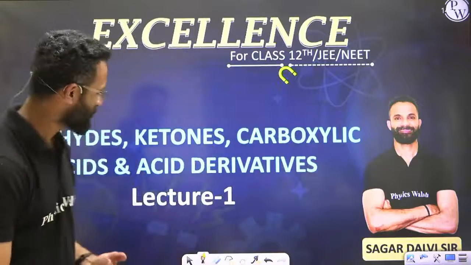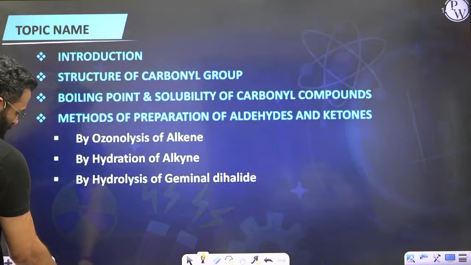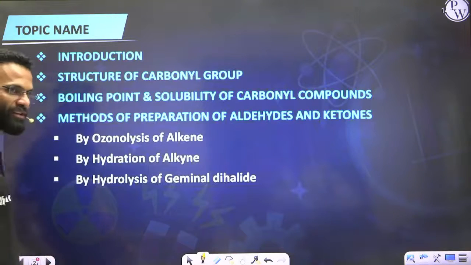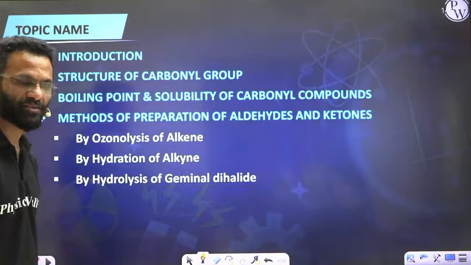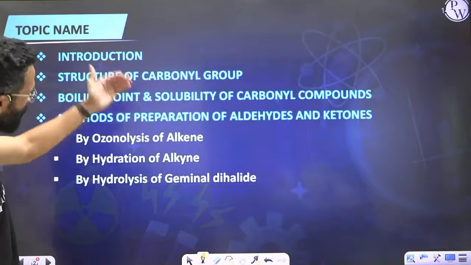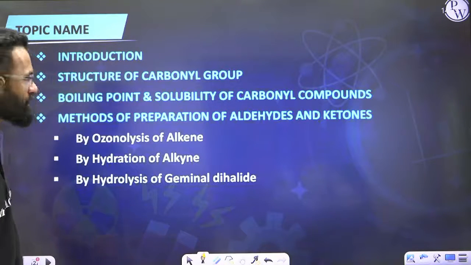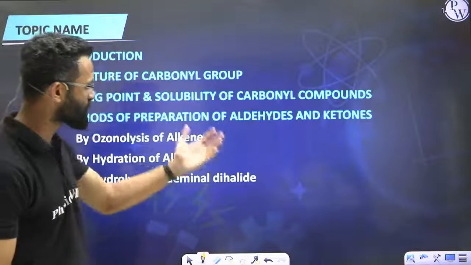So dear students, let me just show you what our today's learning objective is. Today's session is going to be a little smaller session because it will majorly include the introduction part of aldehydes, ketones, and then we'll be talking about some methods of preparation. So you can see we'll be talking about the introduction of carbonyl compounds. In the introduction, we'll also discuss how the structure of the carbonyl group exists.